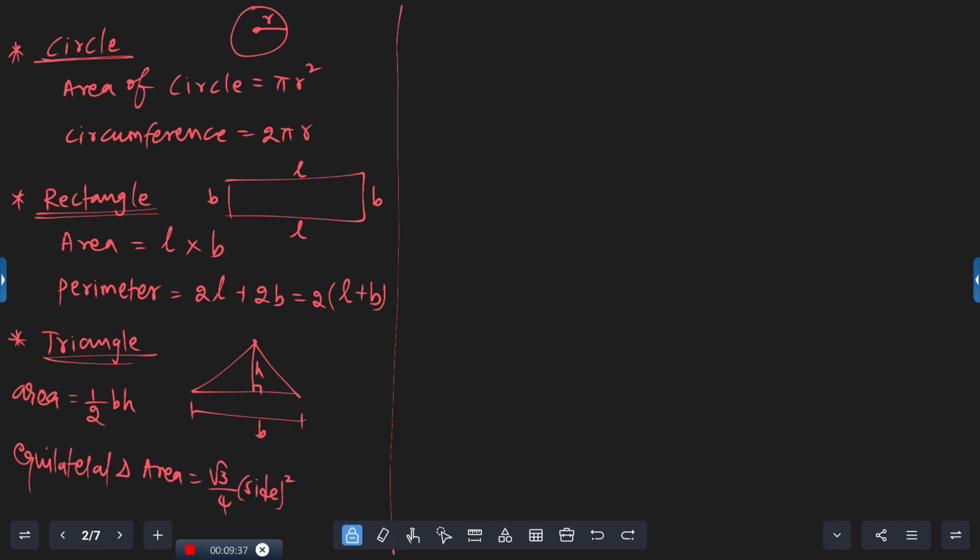This is 2D. Now 3D. Next, cylinder. If I take a cylinder, they will say curved surface area or lateral surface area. Curved means there is a curve in the shape, they'll say curved surface area.